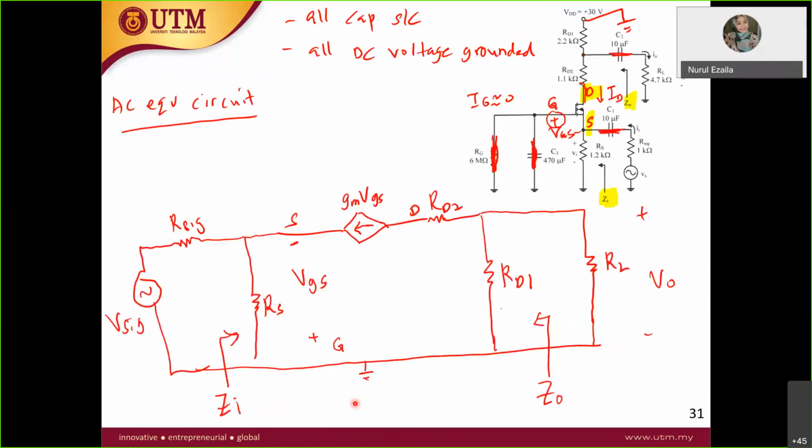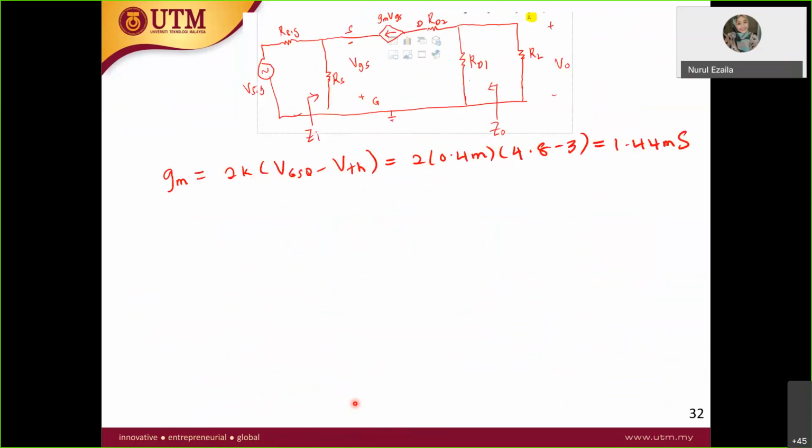All right, let's go back to this question. In here, we know that Z in is equal to RS parallel with 1 over GM.